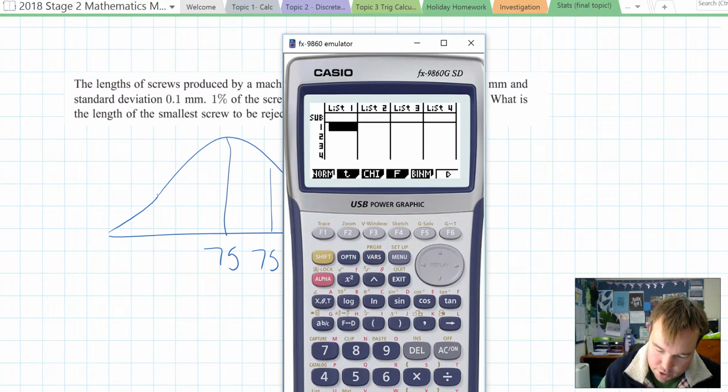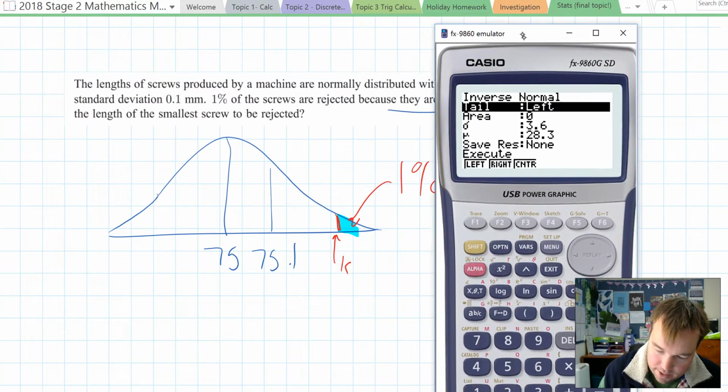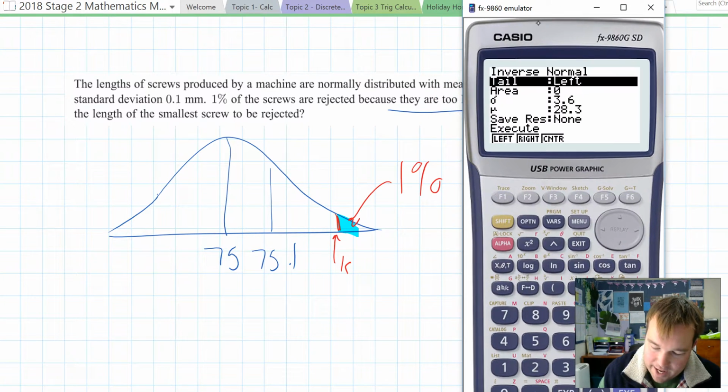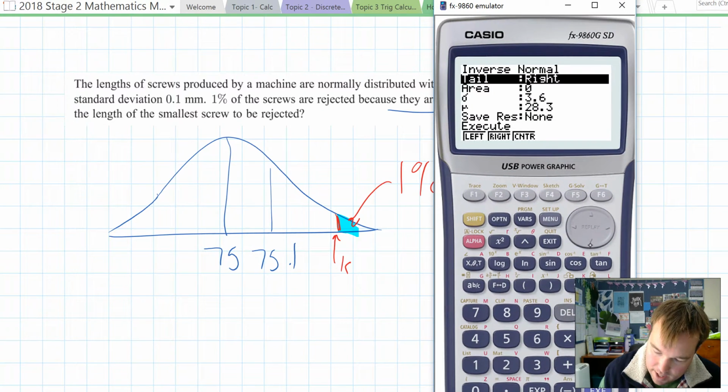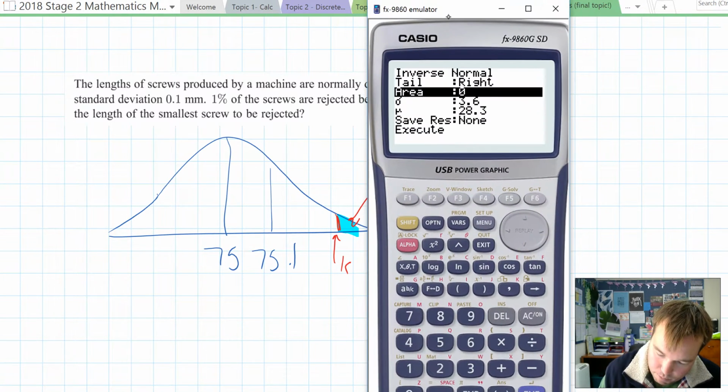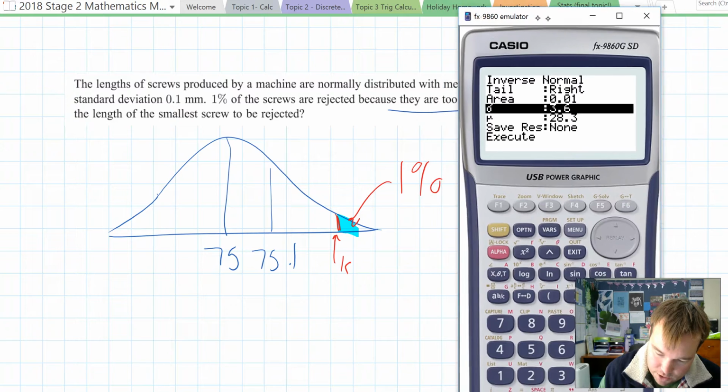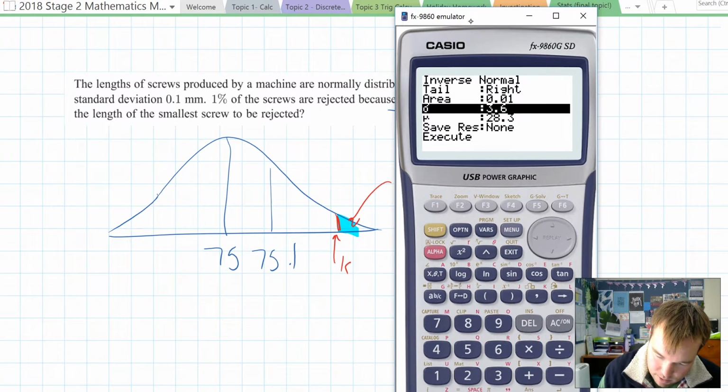And here we go to our statistics mode. So in stats, distribution, normal, inverse normal. Now here, we're asked for which way the tail goes. Here, the tail is to the right. The area is 1%, so 0.01. The standard deviation is 0.1.